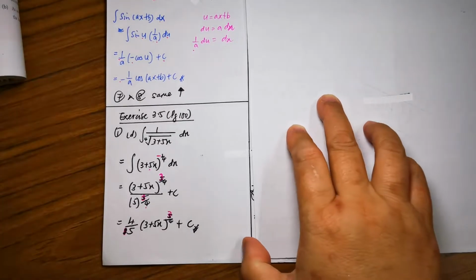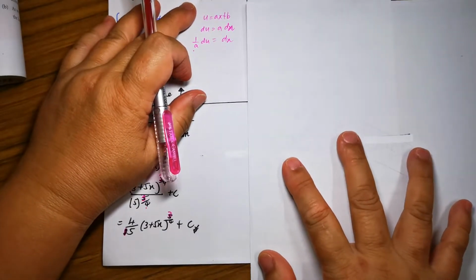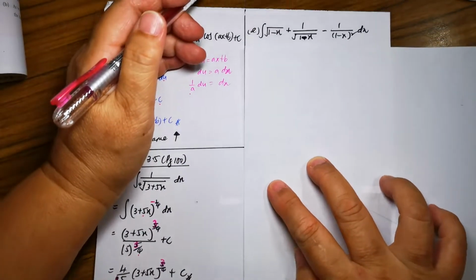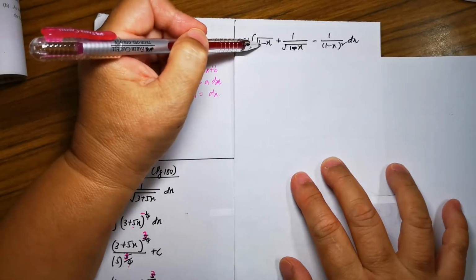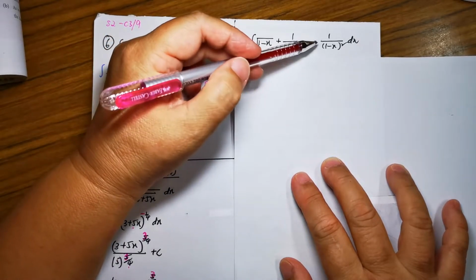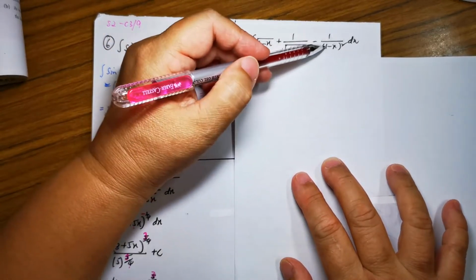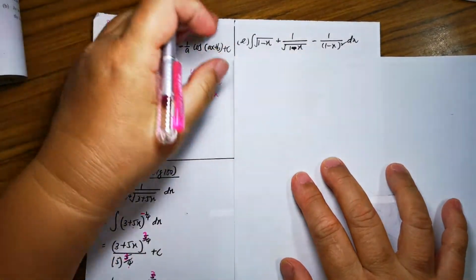Next, I'm going to discuss 1E. Integrate square root of 1 minus x, plus 1 over square root of 1 minus x, minus 1 over bracket 1 minus x squared, dx.